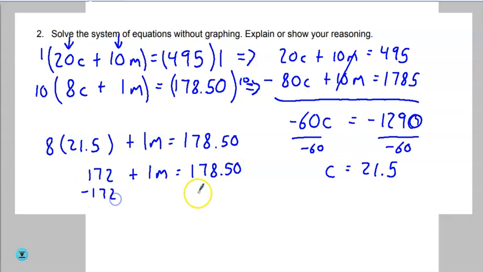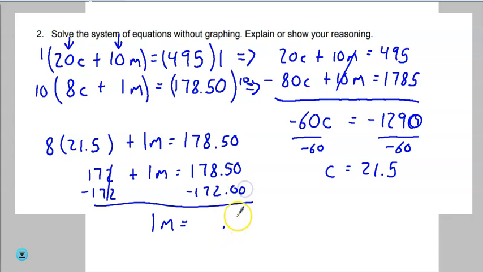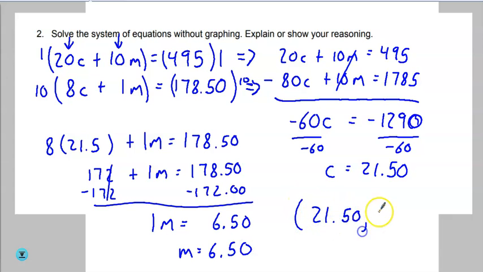Subtract 172. So 1 measuring tape equals 6.50. Divide by 1, it stays the same. So a measuring tape is $6.50, since we're talking money.